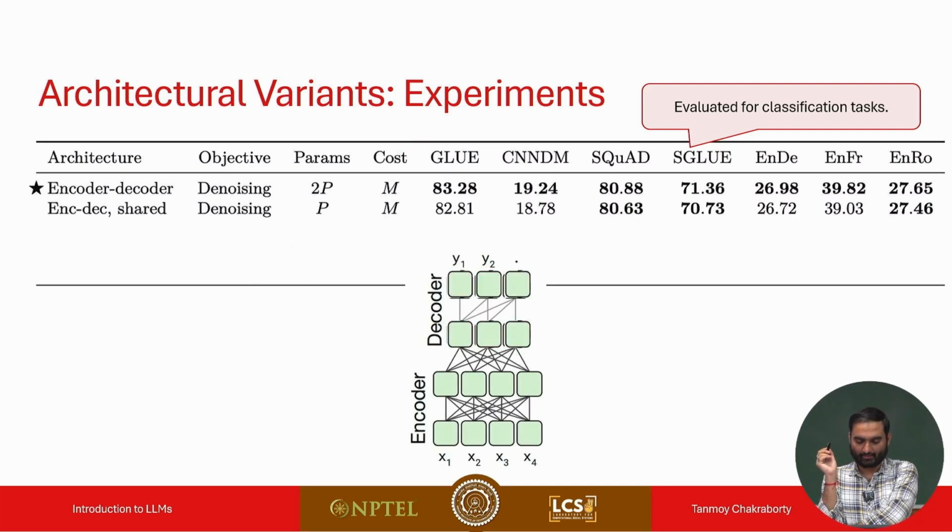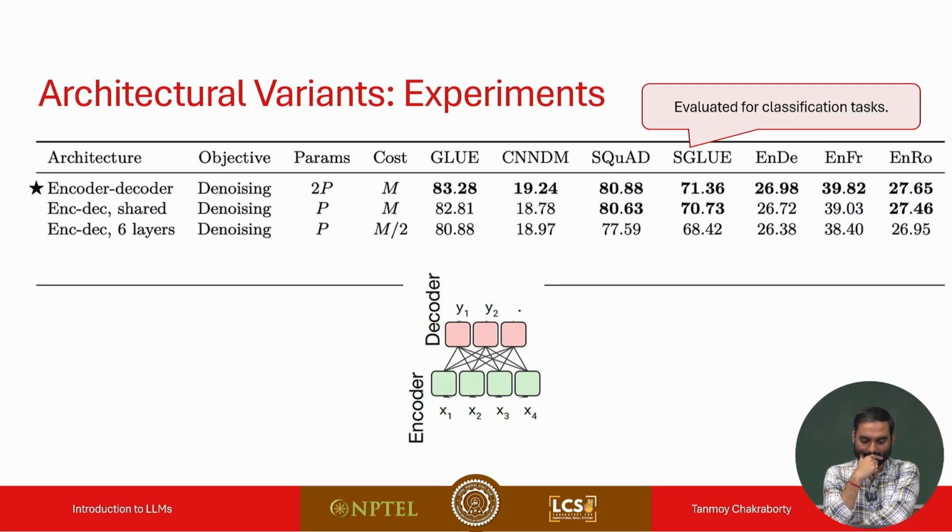If you think of another model where it is also encoder-decoder, but all the parameters are shared, the self attention is also shared, the feed forward is also shared, everything is shared, but you have two stacks, so you need half of the parameters, p number of parameters. Let's first understand the experimental setup, then we'll analyze the result.